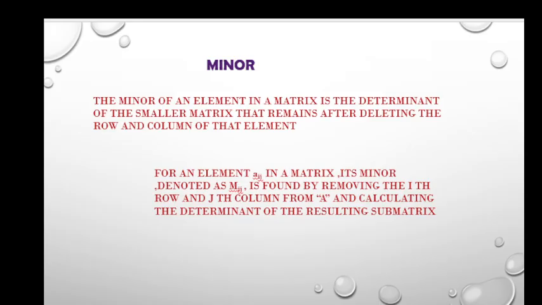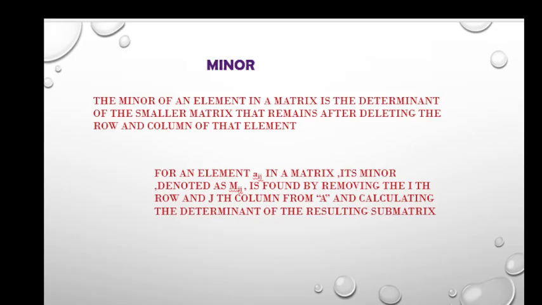If we are taking a 3 by 3 matrix and we are going to find the minor of the element A12 in that matrix, we have to delete the first row and the second column, and after deletion, we will get one matrix.